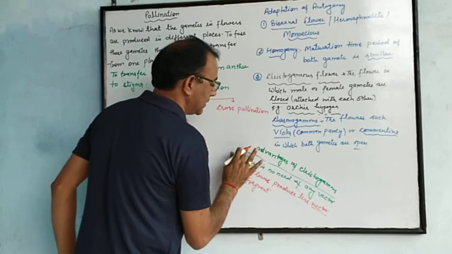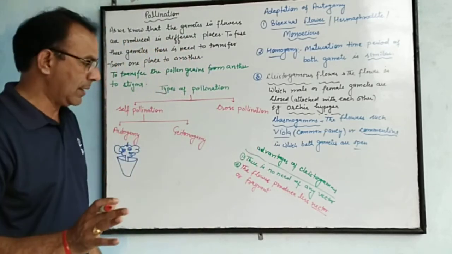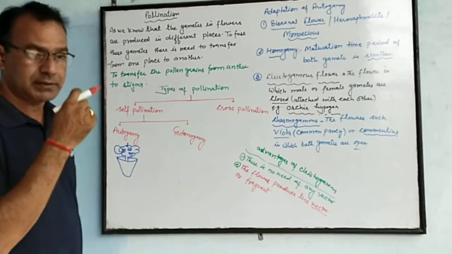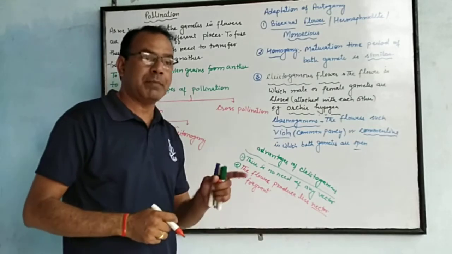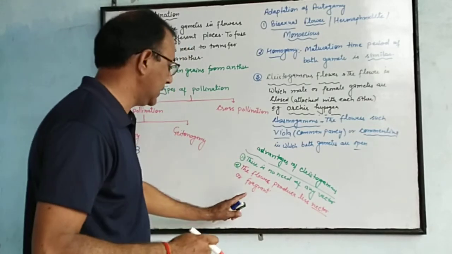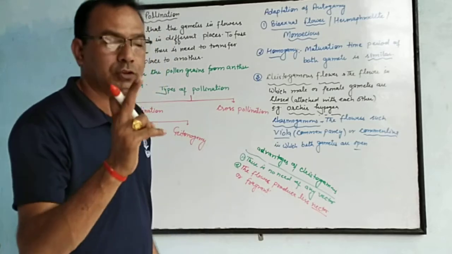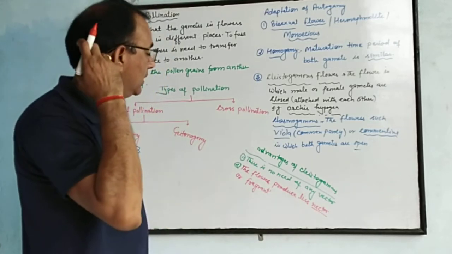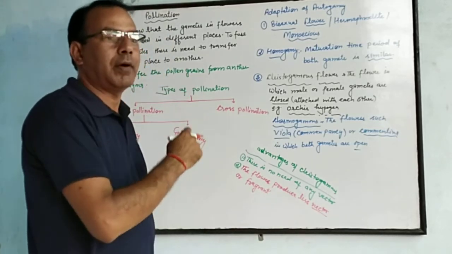These are the advantages of cleistogamous. There is no need of any vectors and the flowers may produce less amount of nectar as well as fragrance. These are the advantages.